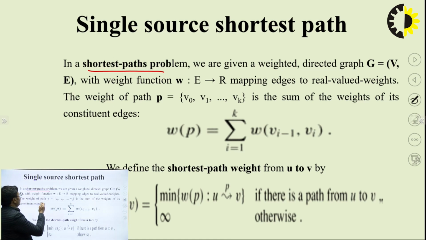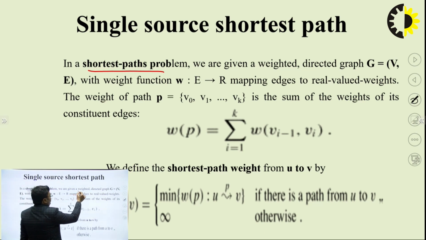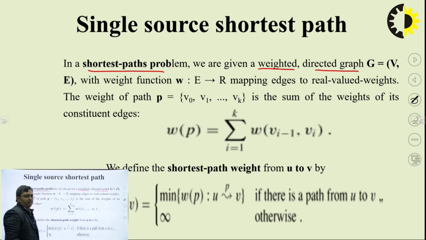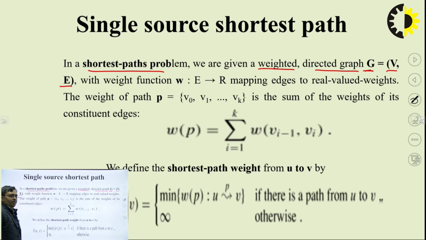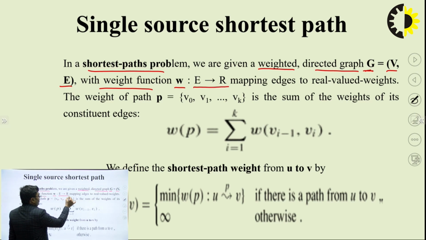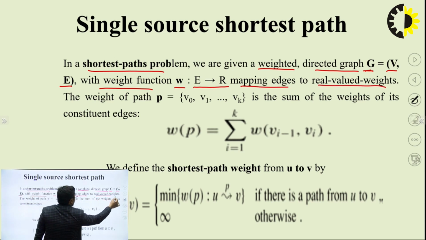In a shortest path problem, we are given a weighted directed graph G with vertices V and edges E, with a weight function W that maps edges to real valued weights.